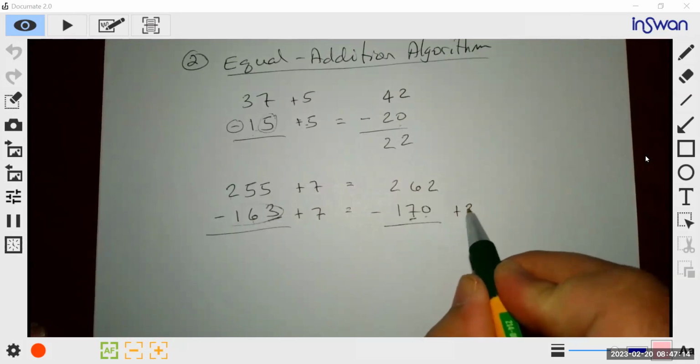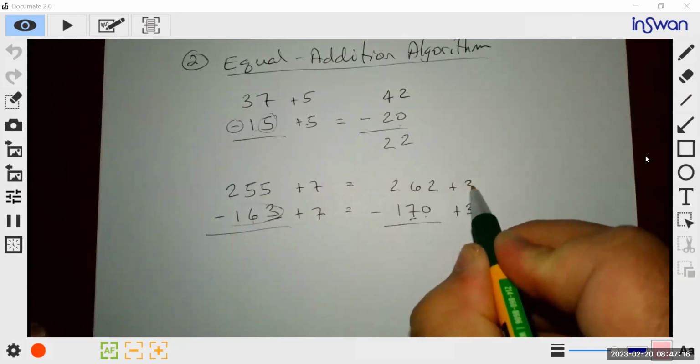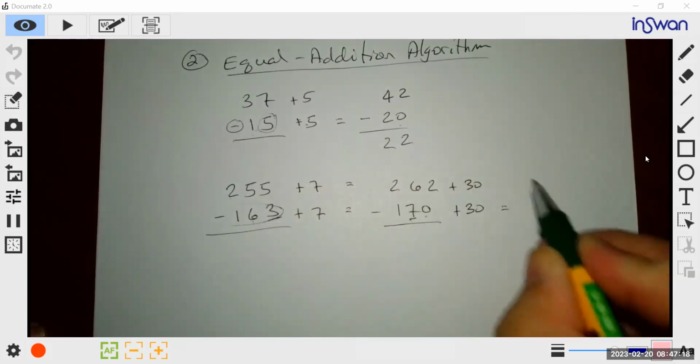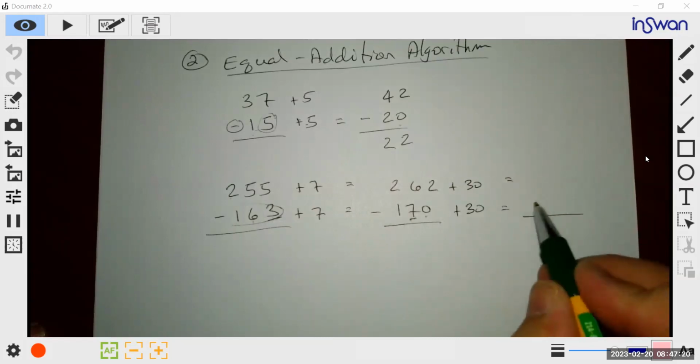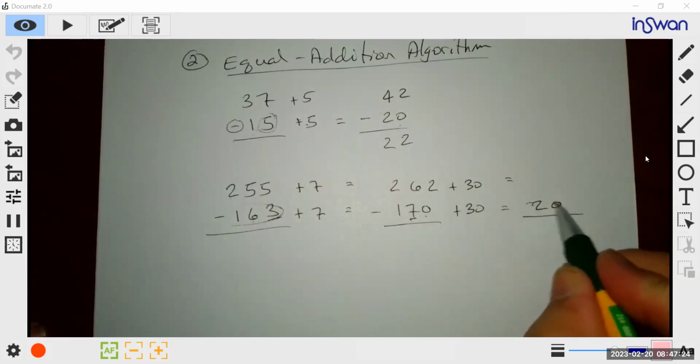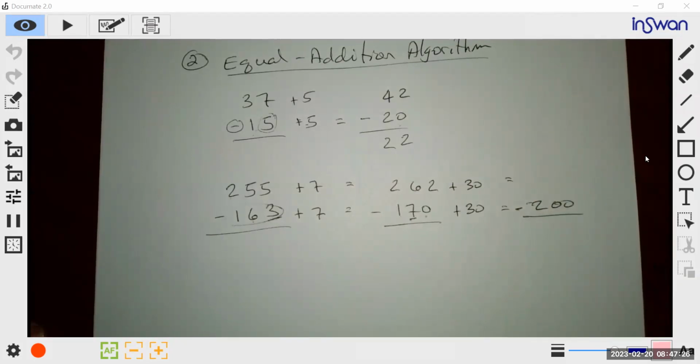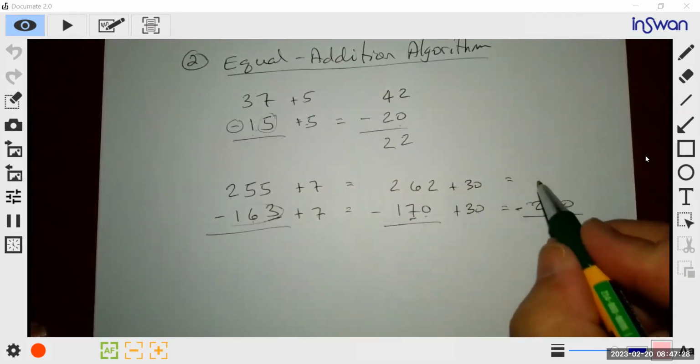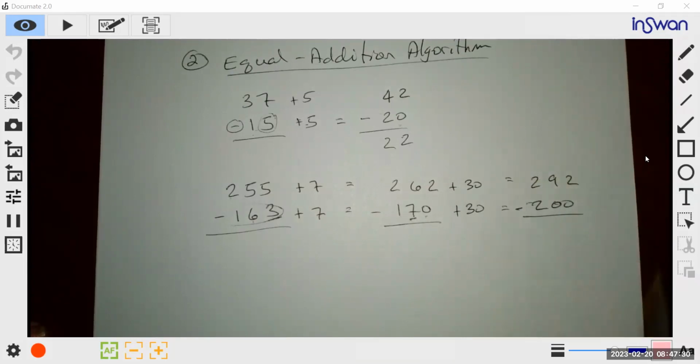So we add 30. Well, I'll show you why. 170 plus 30 is 200. 262 plus 30 is 292.